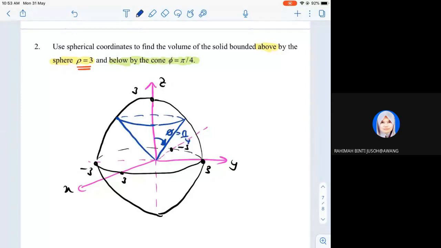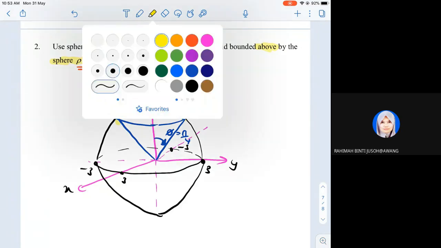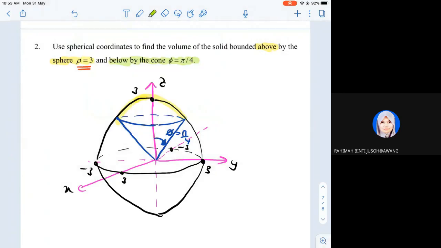Okay, now I'm going to highlight the region G. Okay, the region G, it said that bounded above by the sphere. So above by this sphere. Okay, so that's the upper limit. And then bounded below by the cone. So bawah ni cone hijau ni.